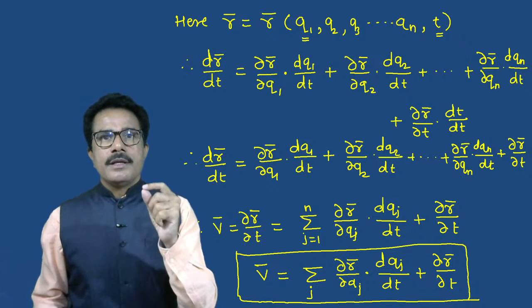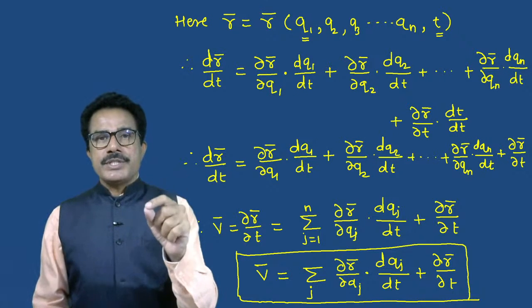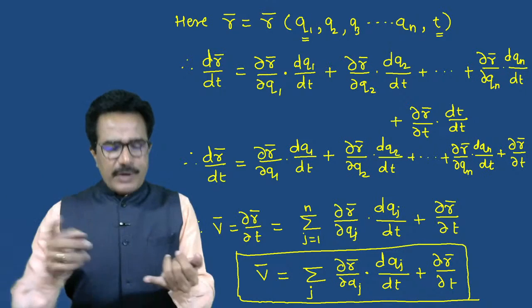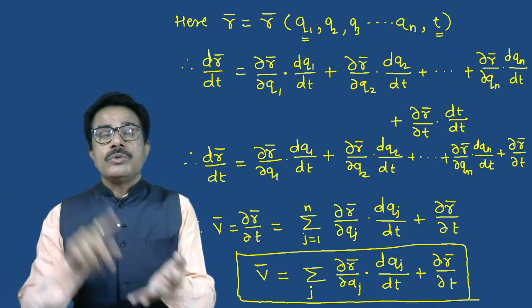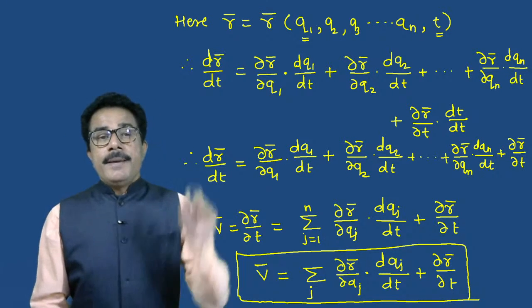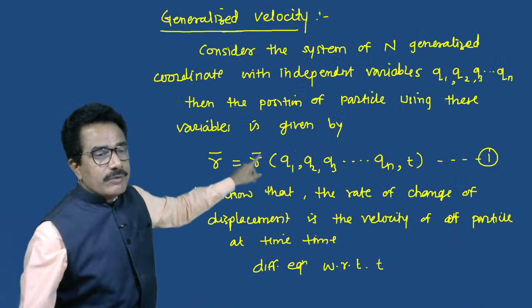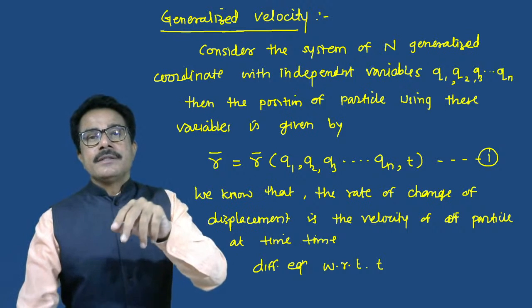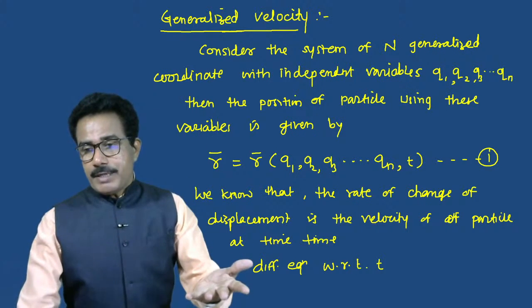But r bar depends on different coordinates q1, q2, q3; there are n coordinates. In this case equation 1 represents one dependent variable and n independent variables.